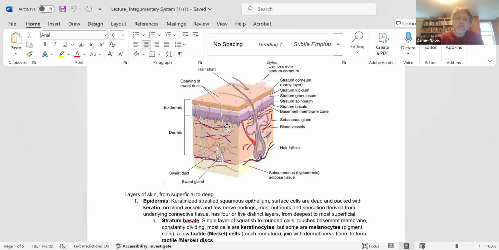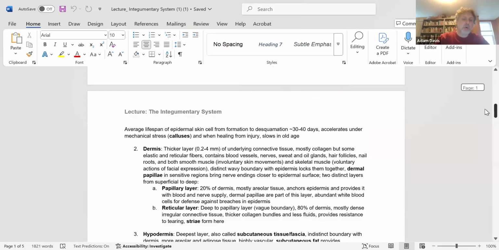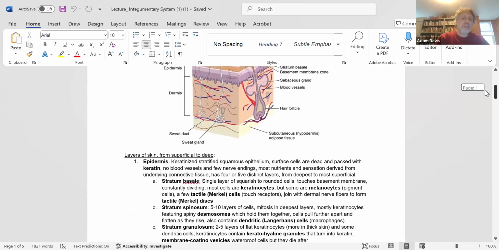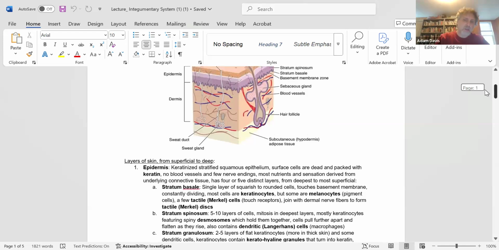Now let's go down deeper. Beneath that papillary layer, we get down here into the deeper region of the dermis. This is the bottom 80% or so of the dermis, which is called the reticular layer.